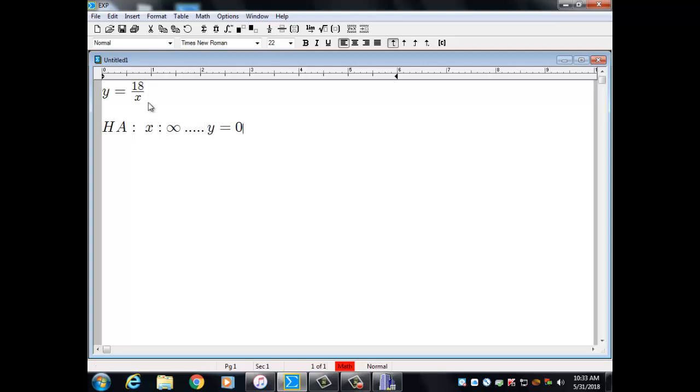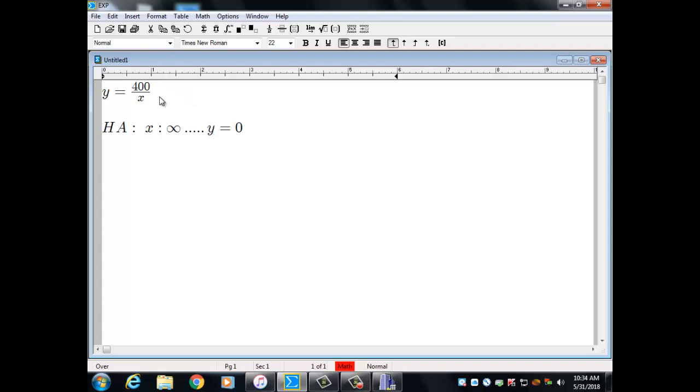Whether this is 18, whether this is 195, no matter what that number is, however big you make this number, when you compare it to infinity, that number is going to be a really small number. Do we agree? And so we're going to get a horizontal asymptote of 1, or of 0, excuse me. We're going to get a horizontal asymptote of 0.